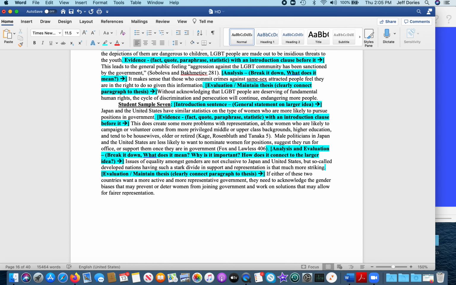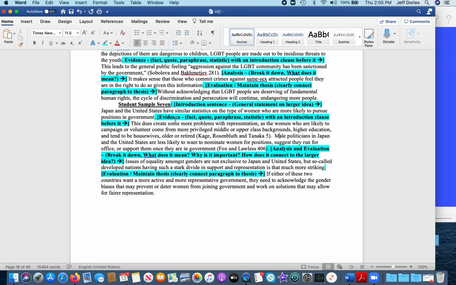So if women are more likely to come from privileged middle or upper class backgrounds, you need to explain to your reader why that's important, right? What would be different if a working class single mother was elected over more privileged upper class person closer to retirement? How would that change perspective, right? So this is not enough analysis.